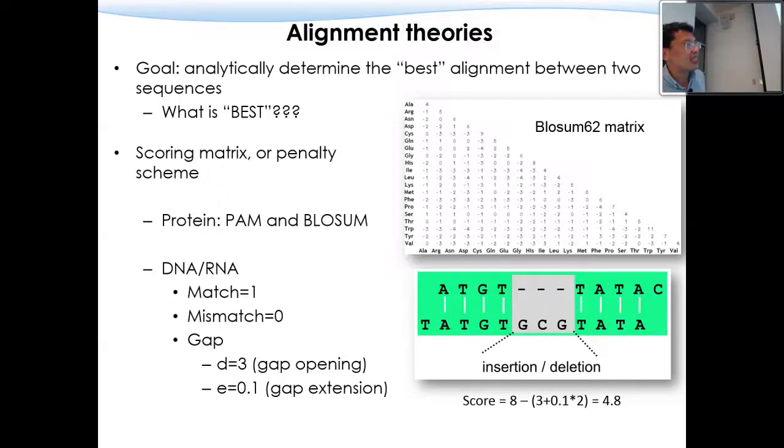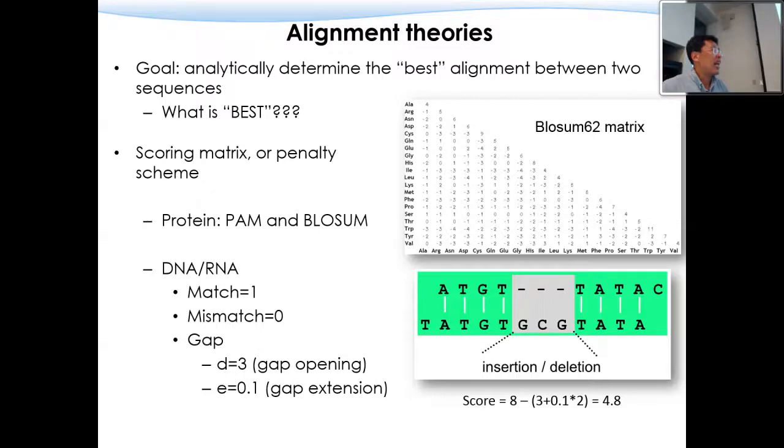So you can see this is a reference, and this is your sequence. Everything is a match, 1, 2, 3. There are 8 bases that are matched, so you get 8 as a credit. But here there is an opening, a gap that is opened, so you get a penalty, which is 3. And then for the additional 2 nucleotides in this gap, you get a little bit more penalty.